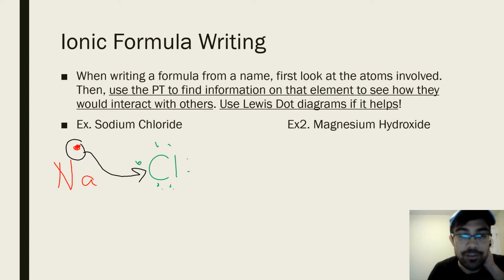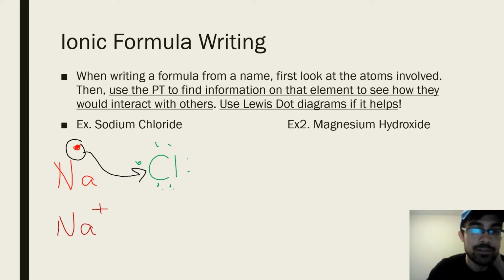Chlorine's got a very strong pull and takes it. That means sodium, because it's losing that electron, is going to become charged, remember. So sodium will have a +1 charge, and chlorine, because it is gaining this extra electron from sodium, has one more negative charge than normal, so it is -1.